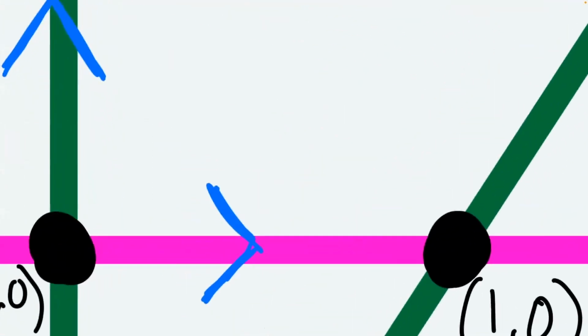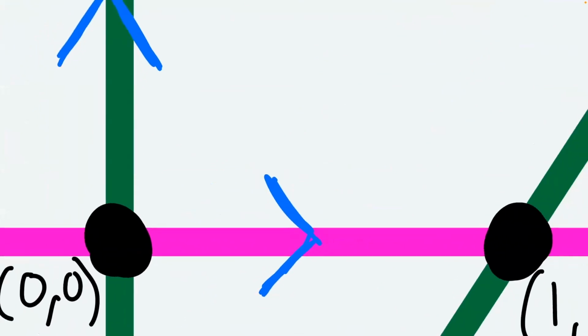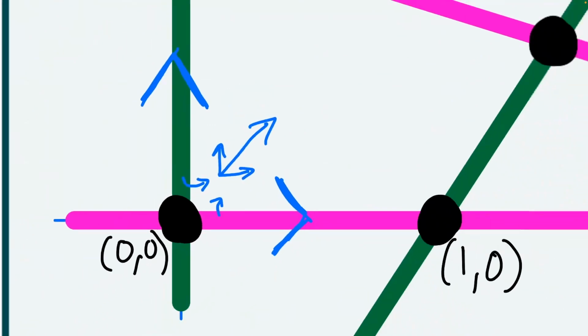That means that if I zoom in here, and I move a tiny bit off this axis, and a tiny bit off this axis here, we're still going to be moving up, and we're still going to be moving to the right. And the same applies if I edge a little bit further over. So in this region here, I know that I must be moving up and to the right.